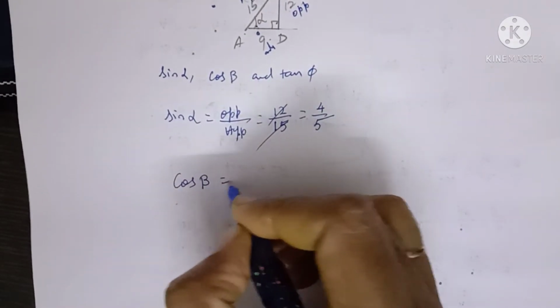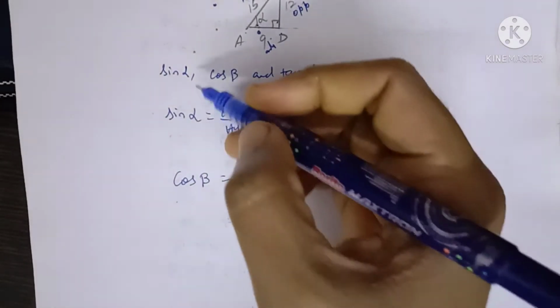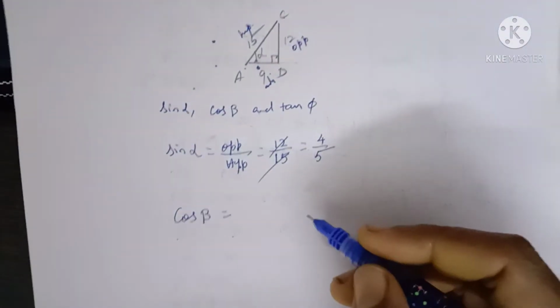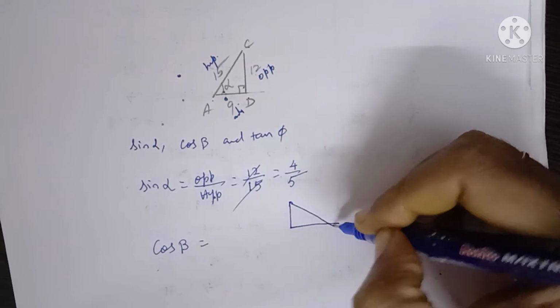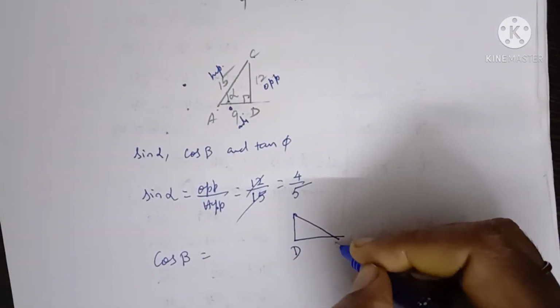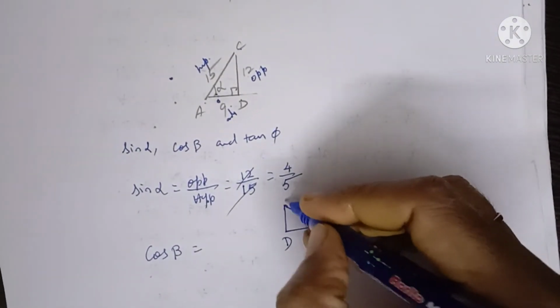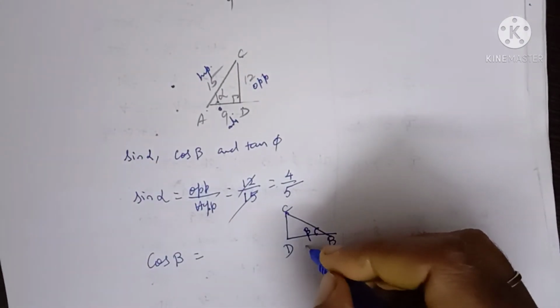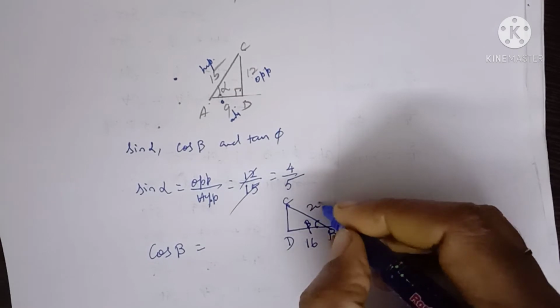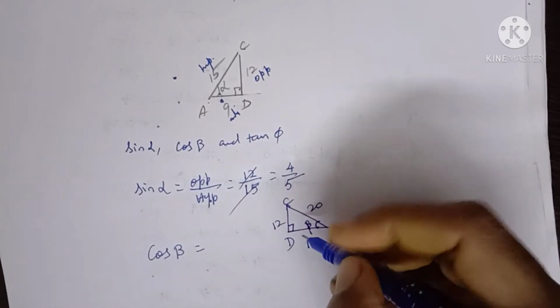cos beta. For cos beta you have to take the triangle DBC. Here they given beta, that is 16, 20 and 12.